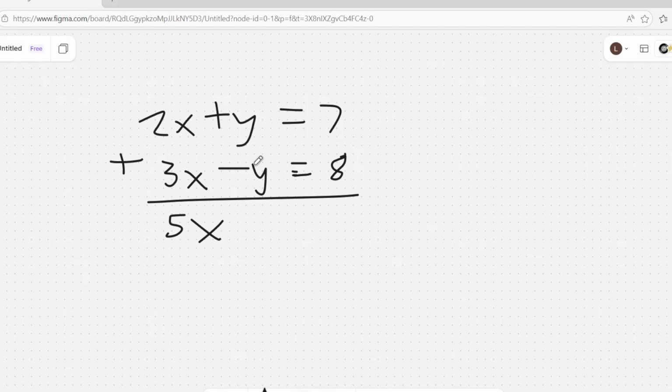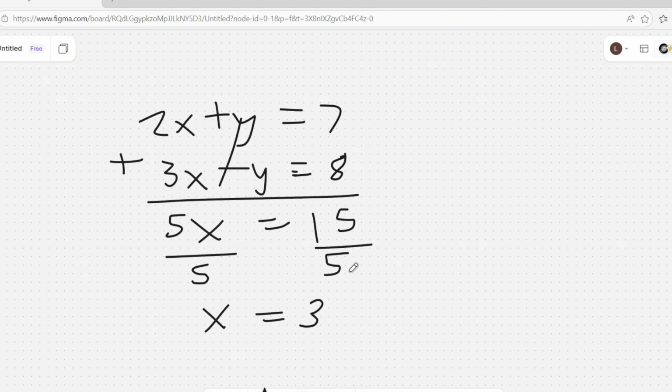Adding opposite signs, they cancel, and 7 plus 8 is equal to 15. It's like adding plus 1 and minus 1, so it's already cancelled out. We need to divide both sides by 5 in order to isolate x, and we will get a value of x of 3.